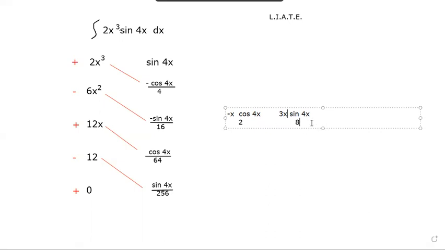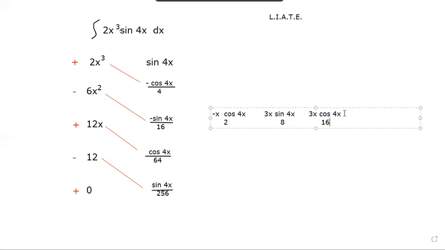You all could do the mathematics on it. Now, 12 over 64, that's going to be 3/16, I believe. So that's 3x cosine 4x over 16.